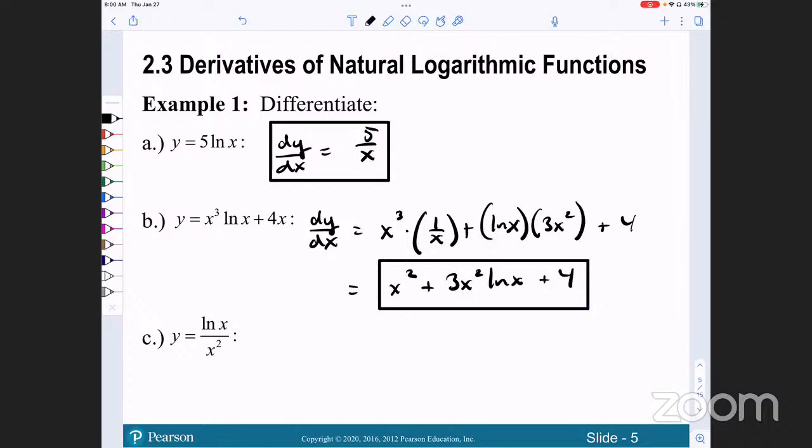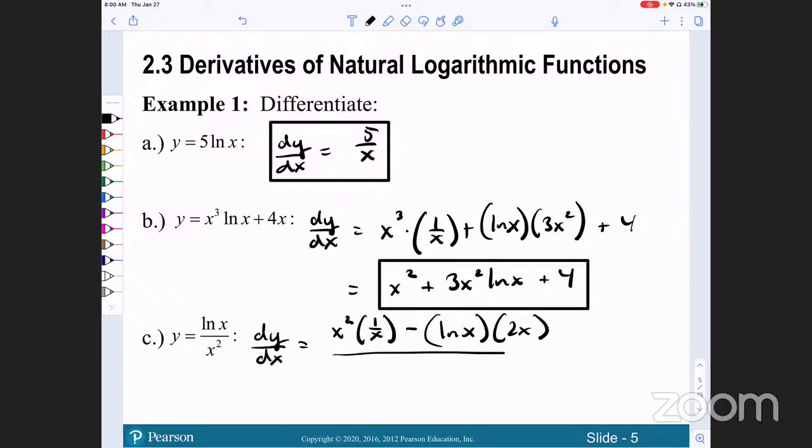Let's go ahead and use the quotient rule for this next part. So dy by dx is going to be, the quotient rule goes low d high minus high d low over low squared, right? So low, or the bottom, times the derivative of the top, minus the top times the derivative of the bottom, over the bottom squared.